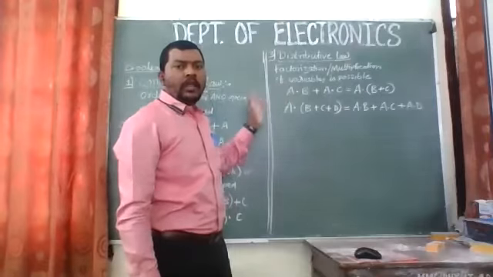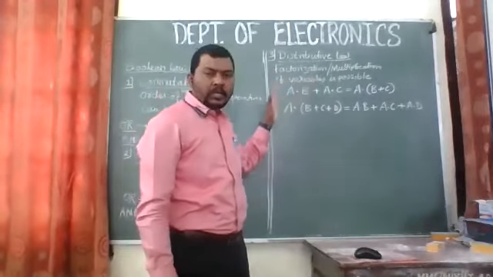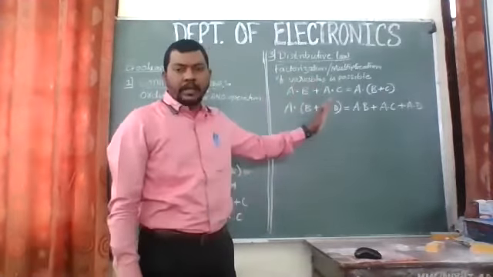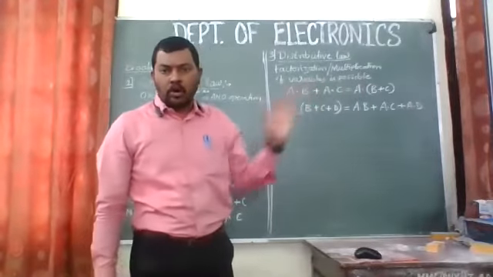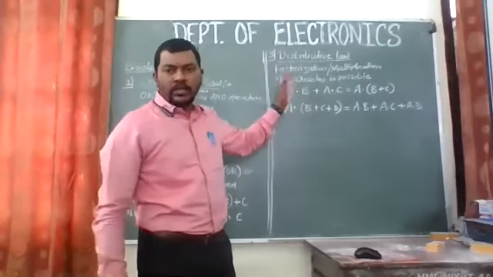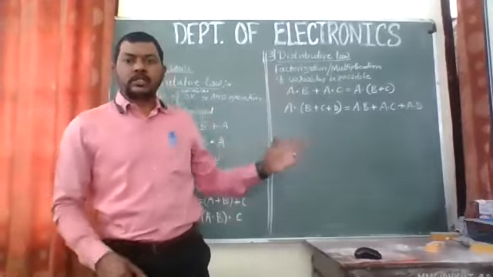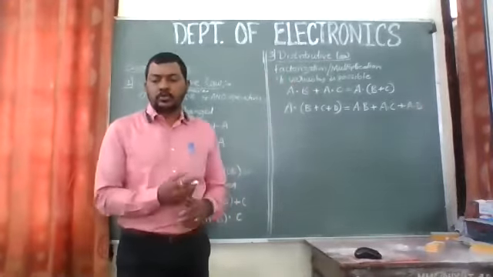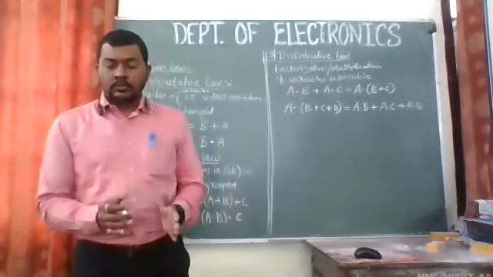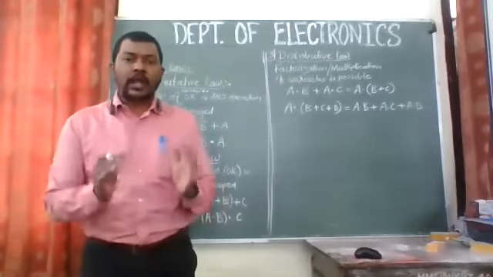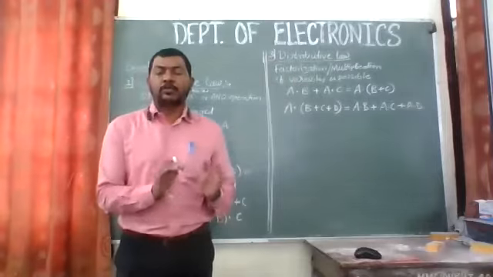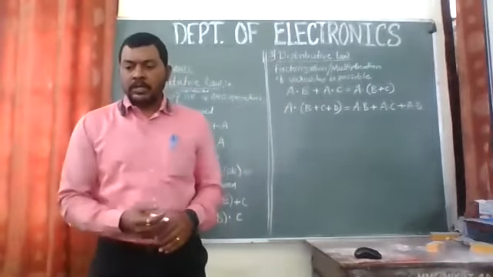In the distributive law, we can do factorization, taking common out of it, or we can multiply the bracket through by this variable. That is what we have already studied in our general mathematical rules. So this is the distributive law in Boolean expressions. Factorization and multiplication of variables is possible.